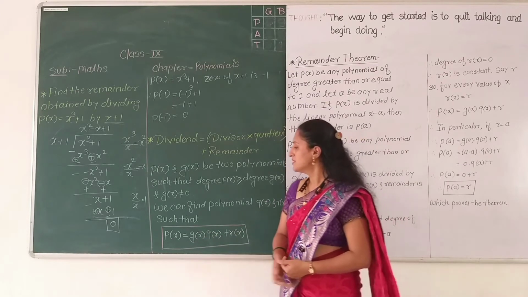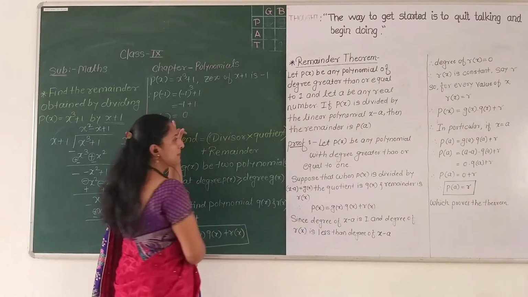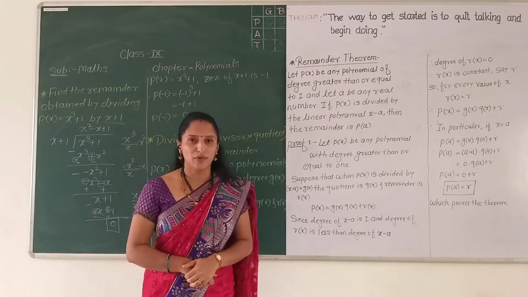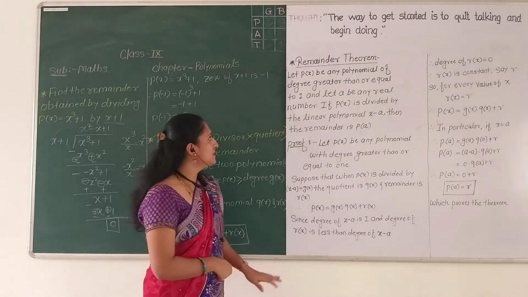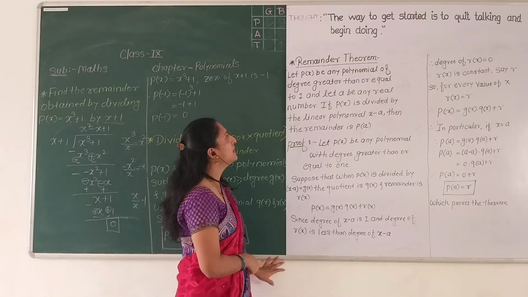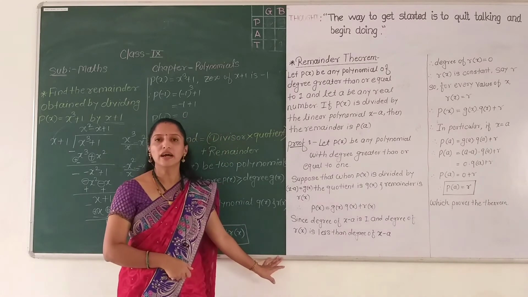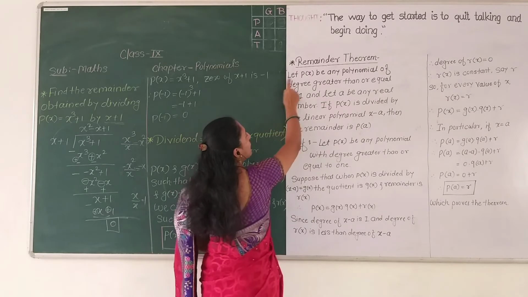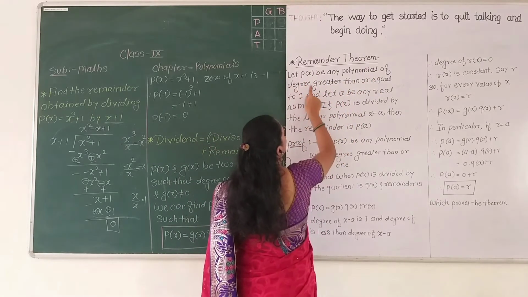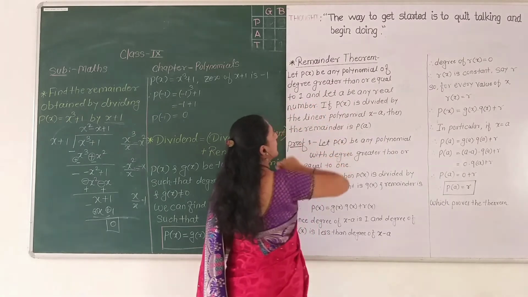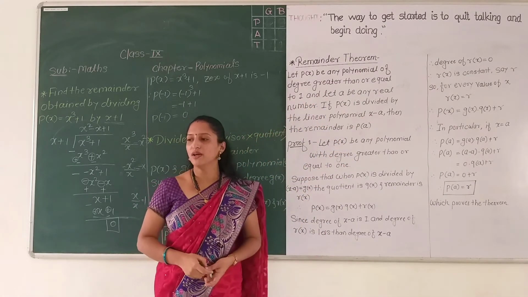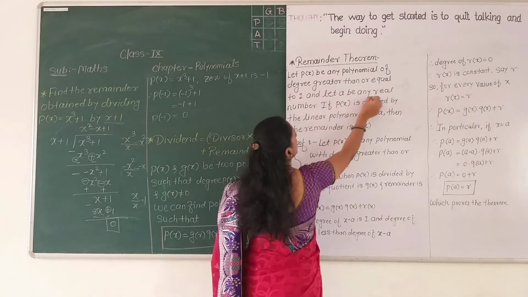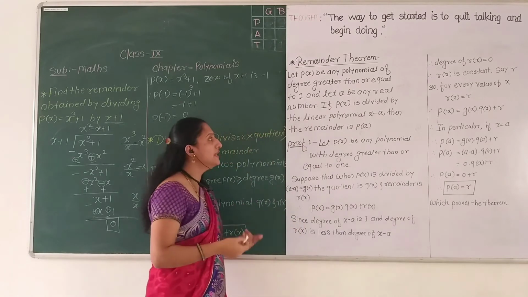So how do we calculate the remainder of a polynomial when we divide it by a linear polynomial? Here there is one theorem. The name of the theorem is the remainder theorem. The statement of this theorem is: let P of x be any polynomial of degree greater than or equal to 1, and let a be any real number.